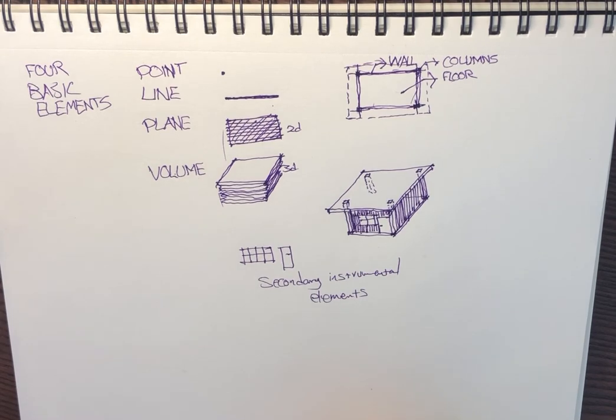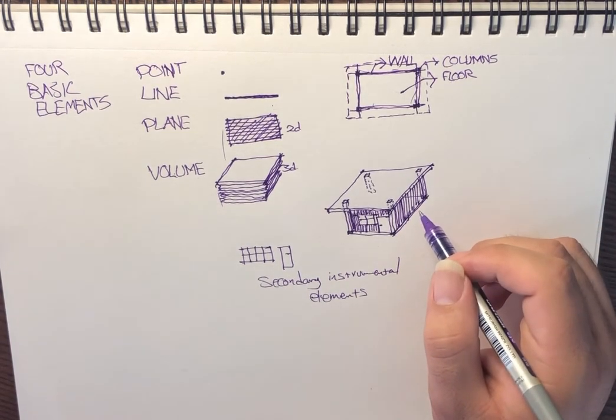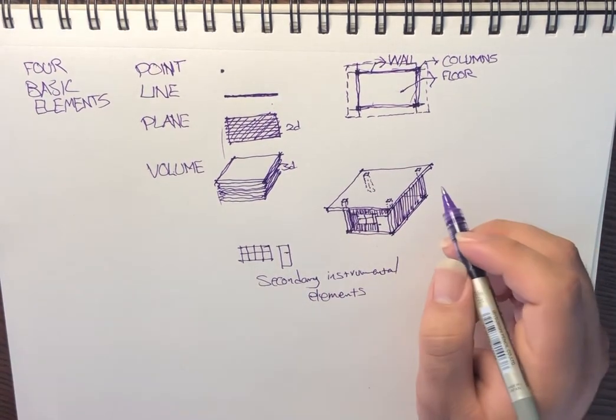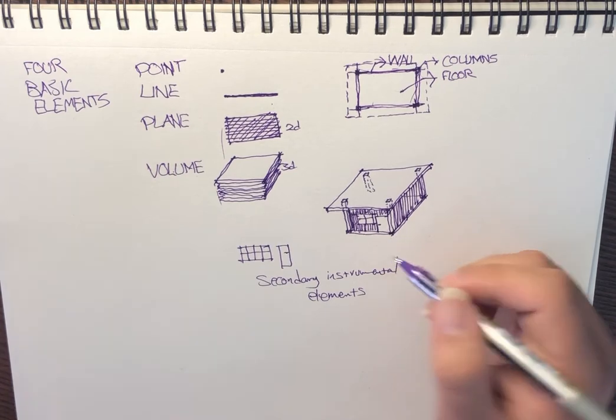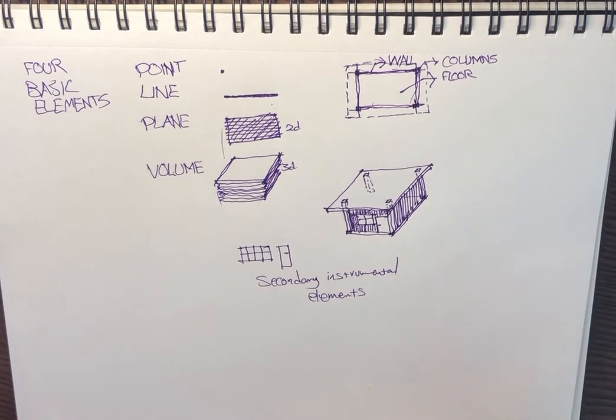So as you see, we started with the points and we ended up with a volume, and that volume is the space that we have in architecture. This can be a house, a room, an apartment, a high-rise building, anything, but the whole architecture concept starts from this point and ends up here with a volume.